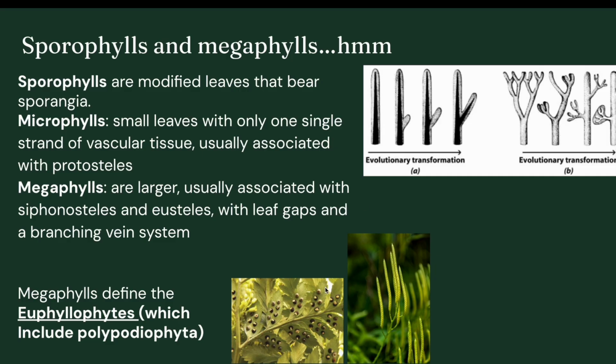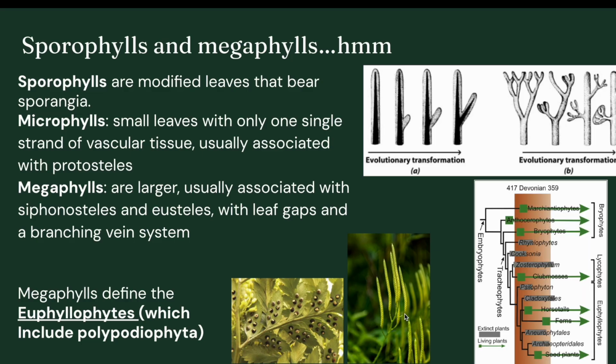Here are sporophylls. Sporophylls are modified leaves that have sporangia on them. In the case of clubmosses and some ferns, they are wrapped into cones called strobili. So these are modified sporophylls that have sporangia and are wrapped into these kind of cones.